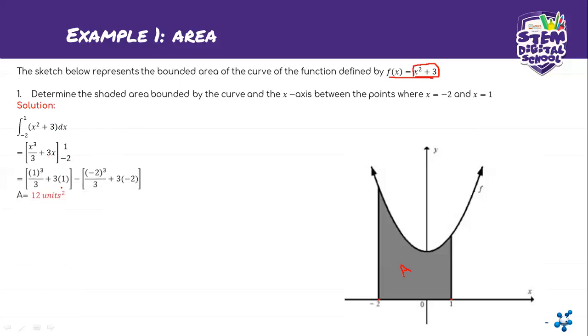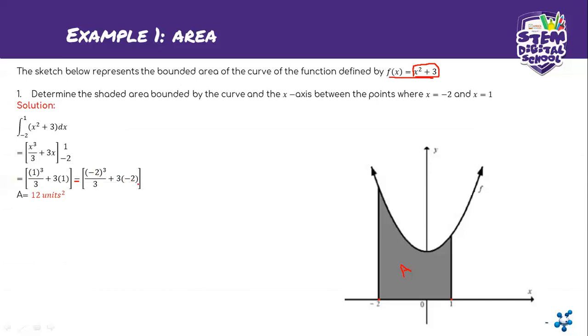The third step, you start substituting your upper limit. Where you see x, you just put 1 there, then you say minus, you always write minus, then you take the lower limit, which is -2. Where you see x, you just put -2.